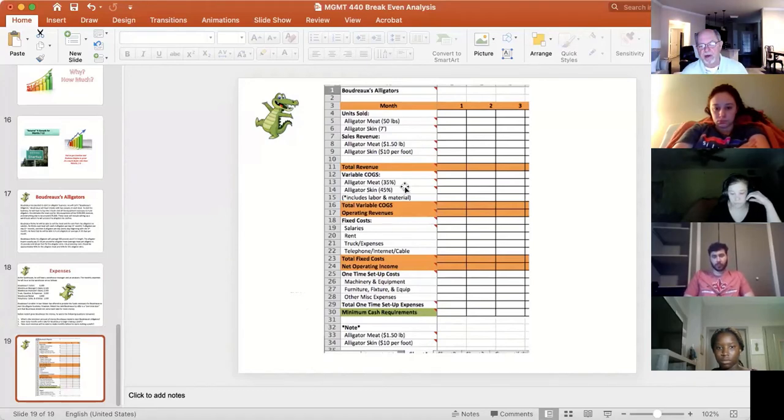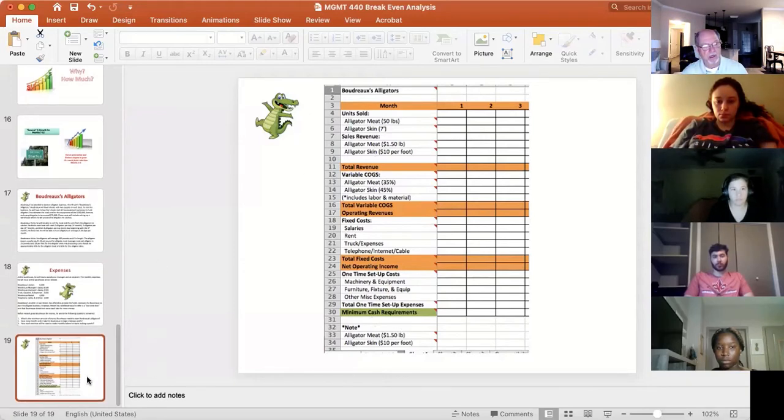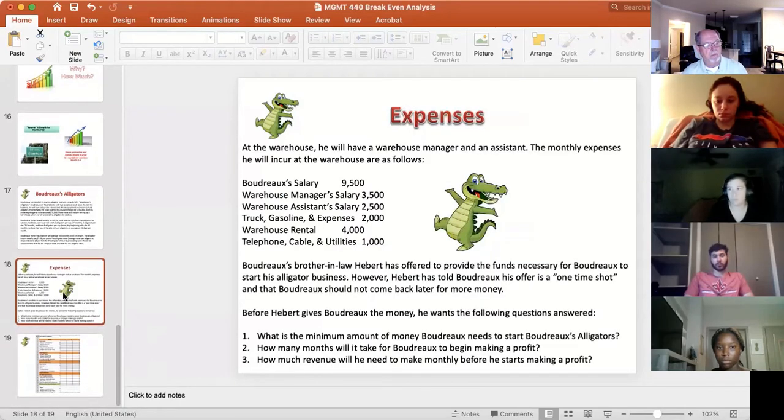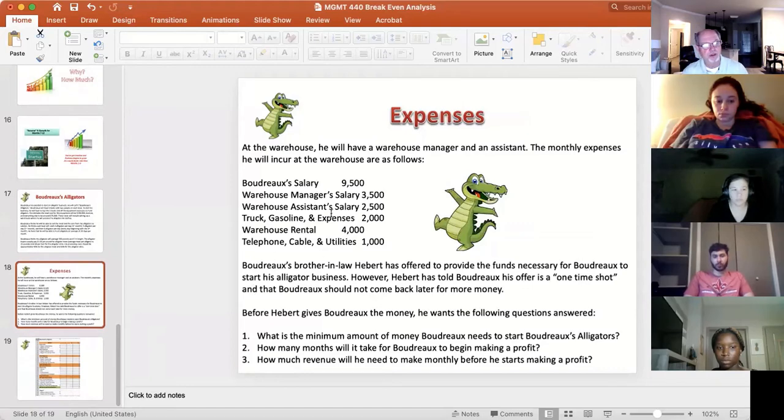What you should be able to see is variable cost, total variable costs, operating revenues, salaries, expenses, his one-time setup costs, and away we go. So I'm going to stop sharing this.